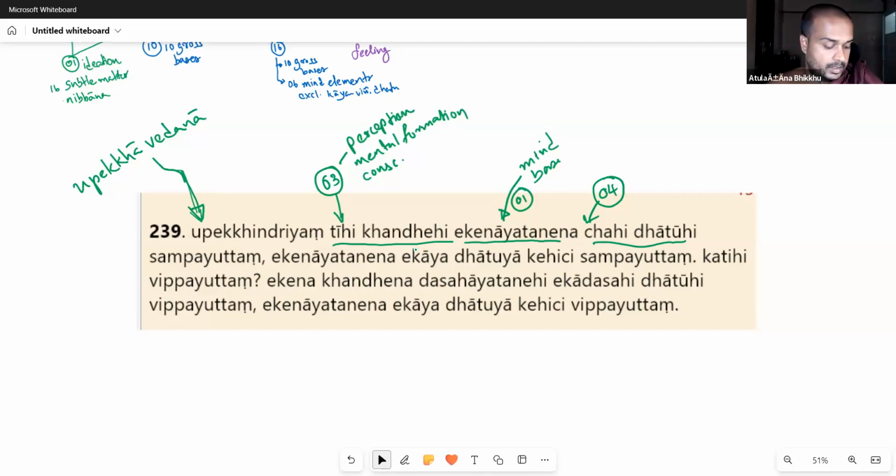So what are these four elements? Oh, it's not chatuhi. I'm sorry, I got it wrong. It's chahi dhatu, right? It's six. I read it incorrectly. So chahi means six.